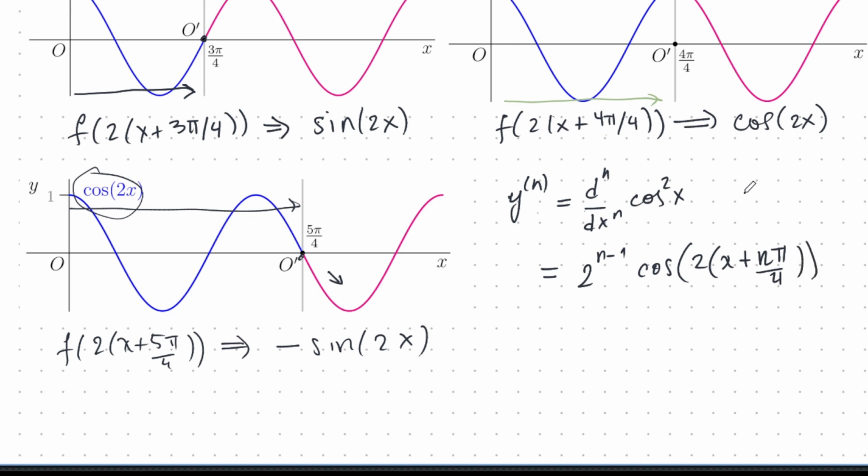So I have now, in the form of a function, f_n(x), just one function for all of these derivatives. And I can write it also in a little bit different way, like this: cos. I can multiply this out and you get cos of 2x plus n pi over 2.